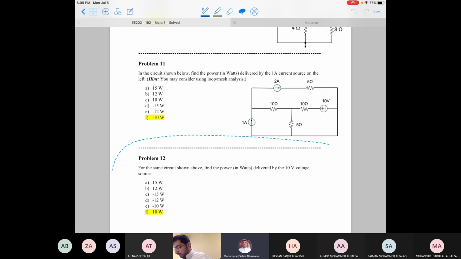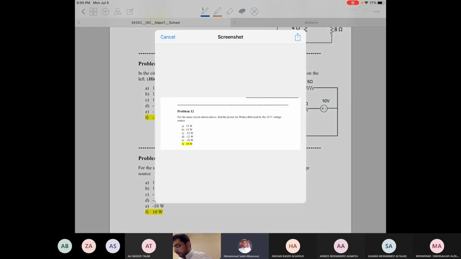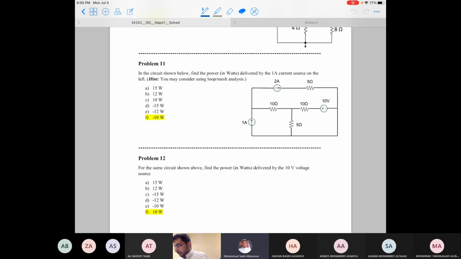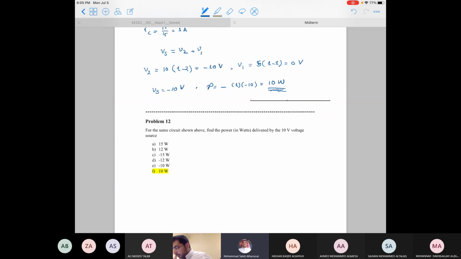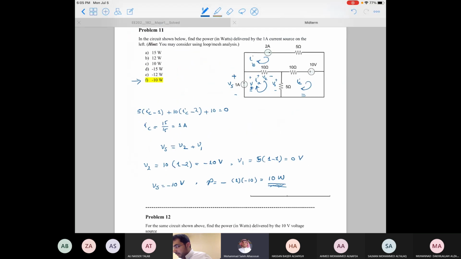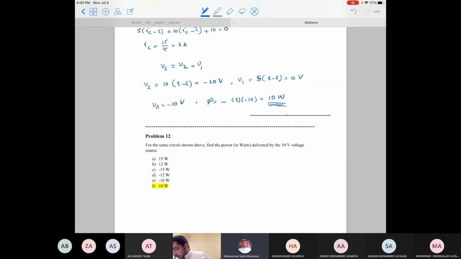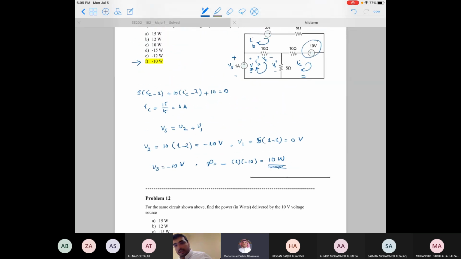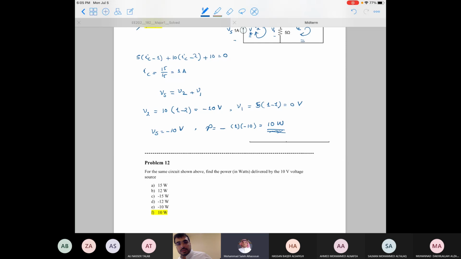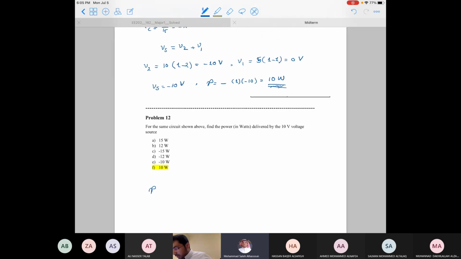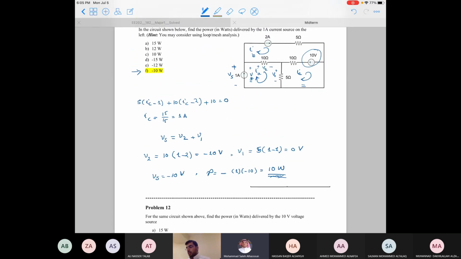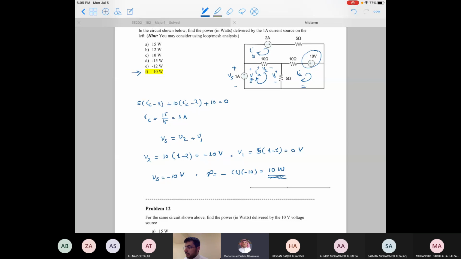So for the same circuit, let's see what happens when we try to measure the power delivered by the 10 volt source. So this is the 10 volt source. I need to find the current. The current passing through the source will be IC minus 2 amperes.